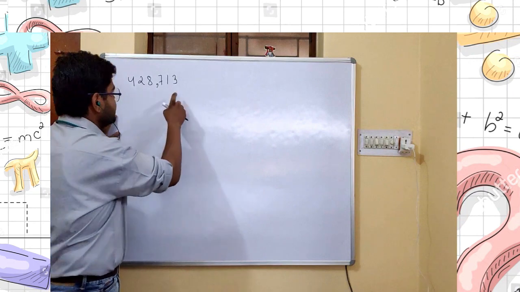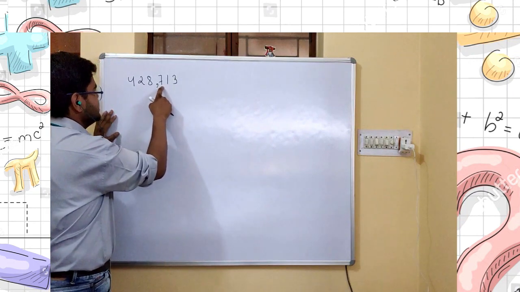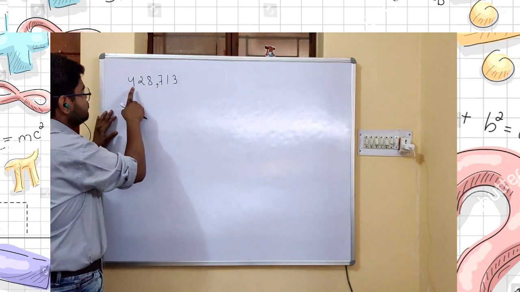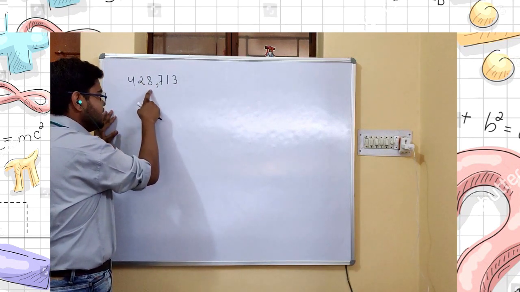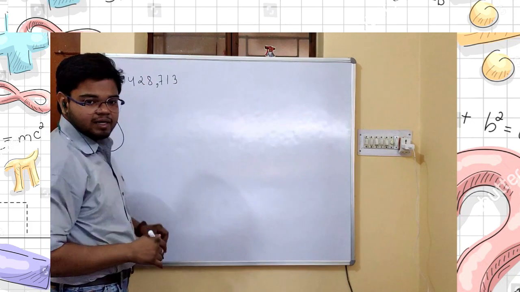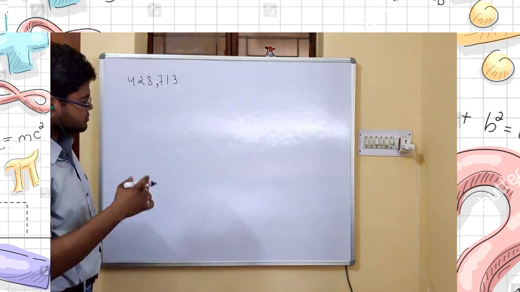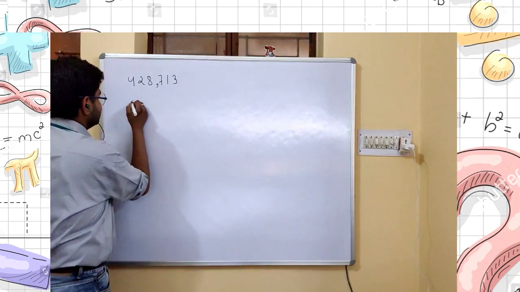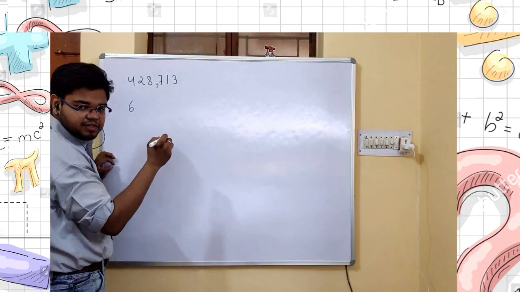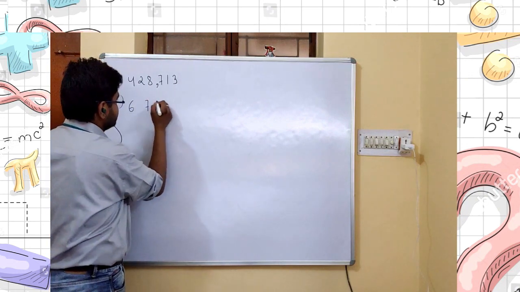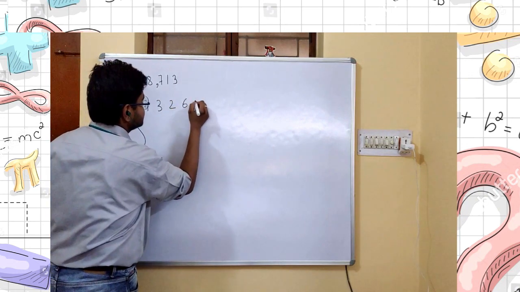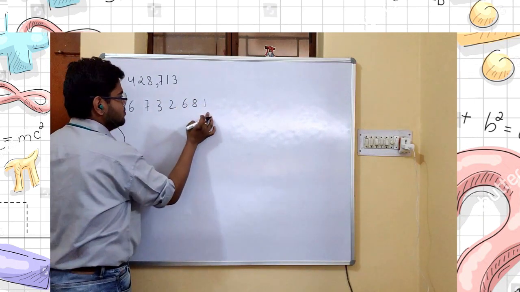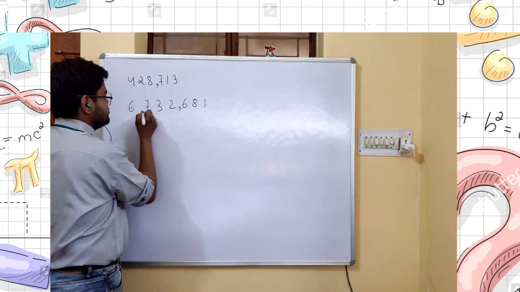So children, this will be ones, tens, hundred, thousand, 10,000, and 100,000. So this will be 428,713. If you take a bigger number than this, 6732681, starting from the right and moving towards the left, 3 digits, and after 3 digits one more comma.